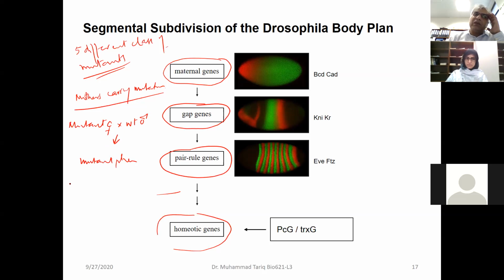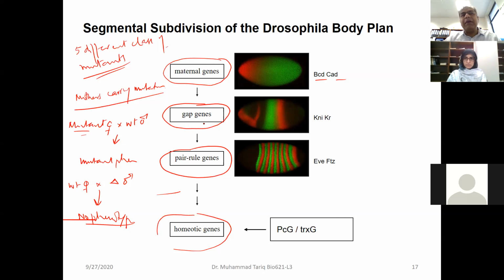But if a normal wild type mother is crossed to mutant males in the same gene, we don't see the phenotype. So they named them maternal genes because they thought the mother is contributing. These genes are extremely important during egg laying or during gametogenesis, so that if they are mutant, the segmentation patterns are disturbed. And 2 examples are Bicoid and Nanos.